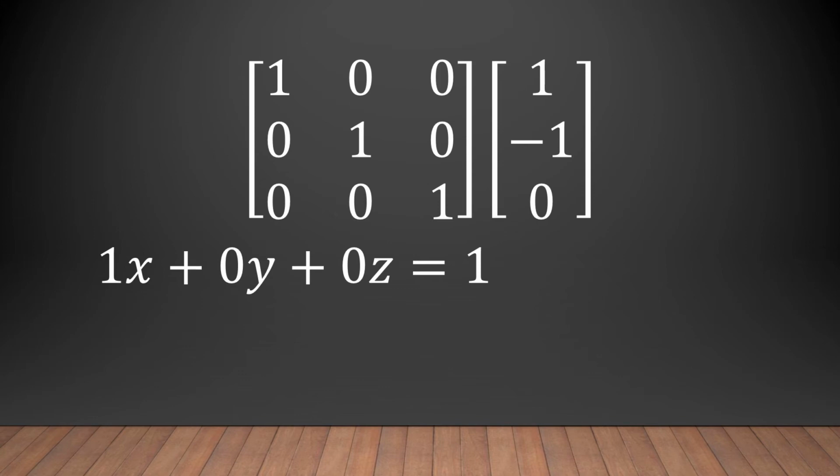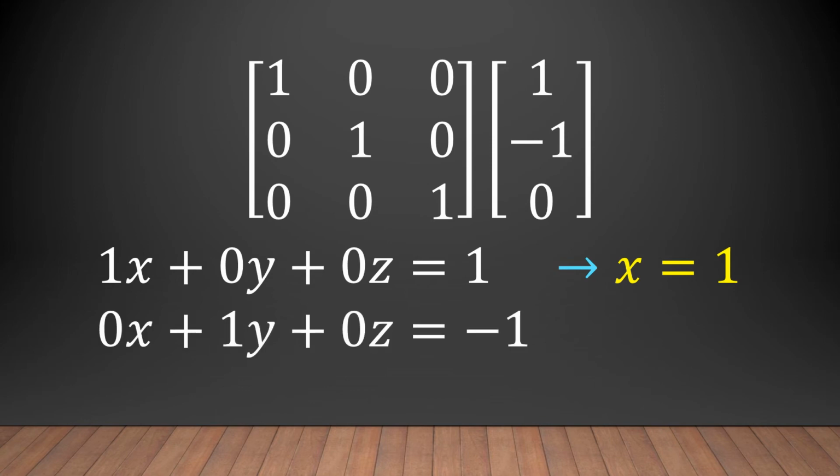Now, let's look at each one individually, and notice that the meaning of these two matrices is as follows: 1x plus 0y plus 0z is equal to 1. And what that means is, since the y's and z's have zeros, that 1x is equal to 1, or x is equal to 1. Likewise, the second row says 0x plus 1y plus 0z is equal to -1. And of course, that means y is equal to -1.